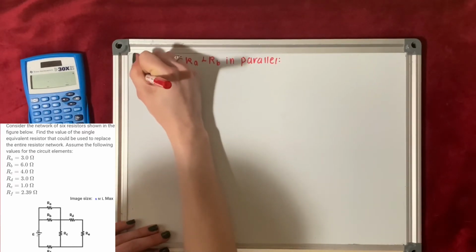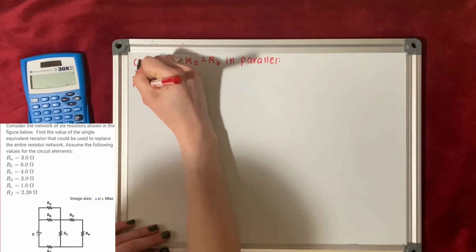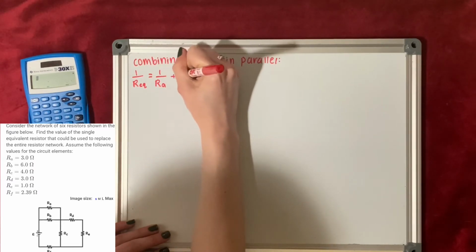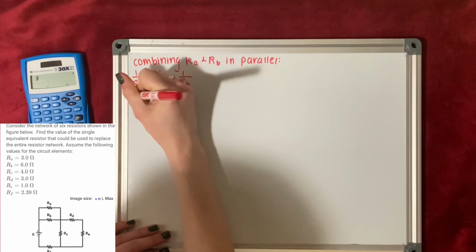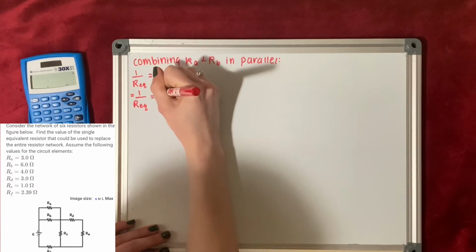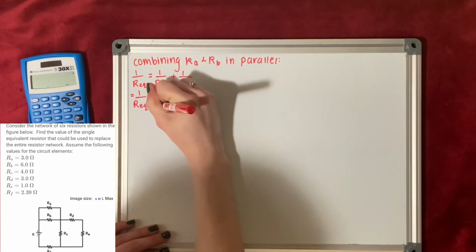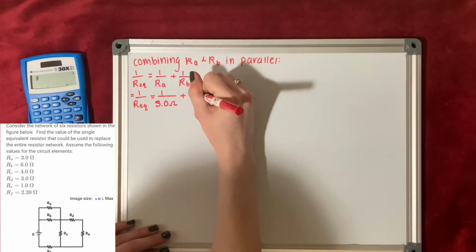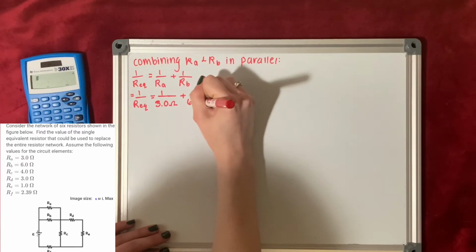So we'll have 1 over REQ equals 1 over RA plus 1 over RB, where 1 over REQ equals 1 over 3.0 ohms plus 1 over 6.0 ohms.